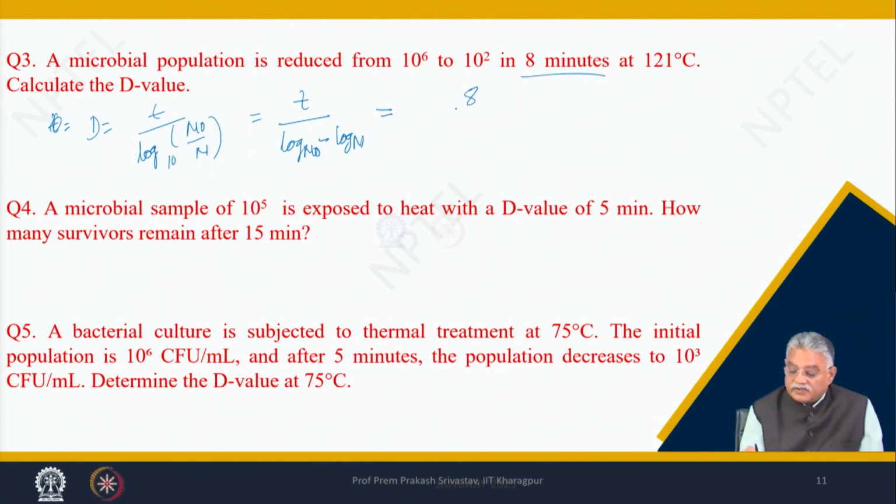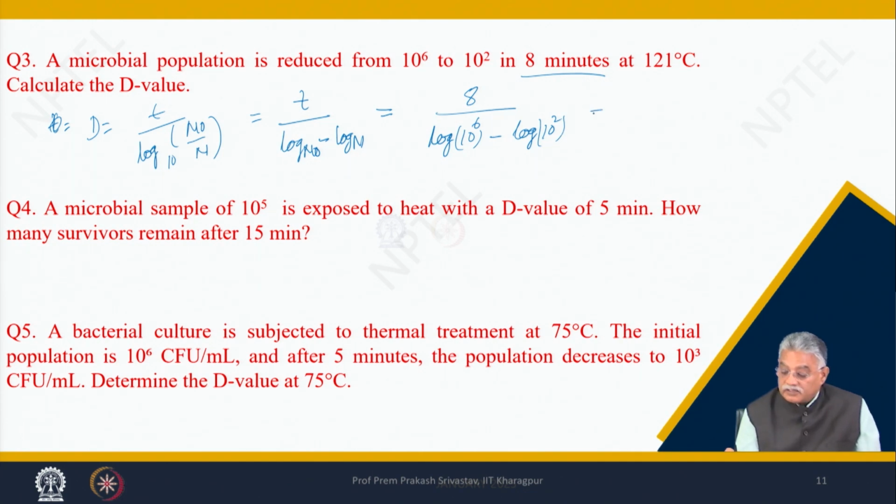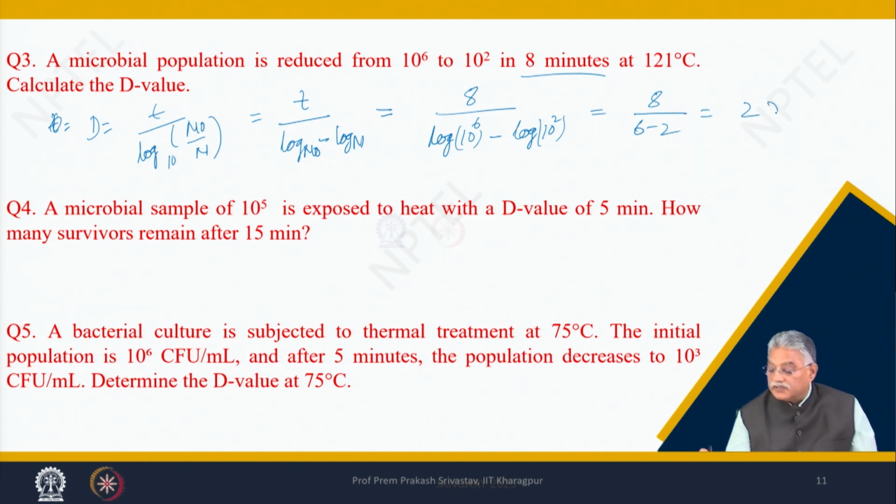It is given here, 8 divided by log 10 to the power 6 minus log 10 to the power 2, that is equal to 8 divided by 6 minus 2, that is equal to 2 minutes. This is the answer.